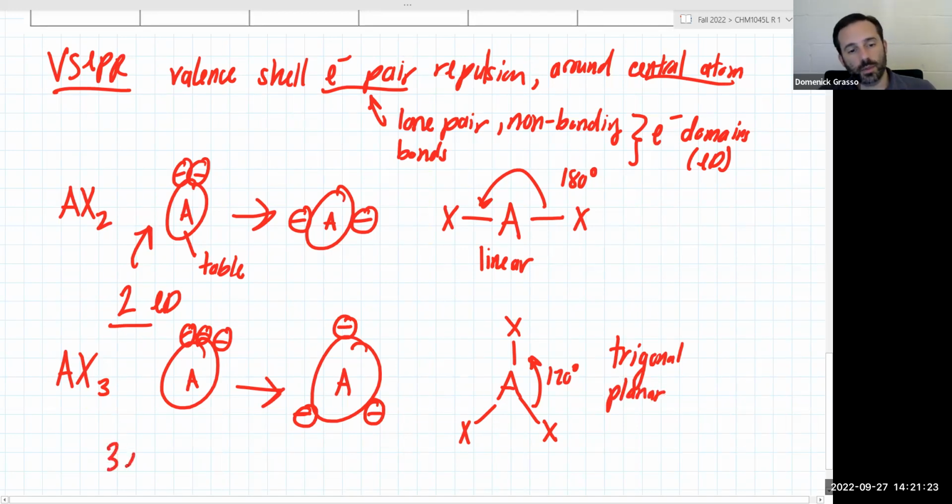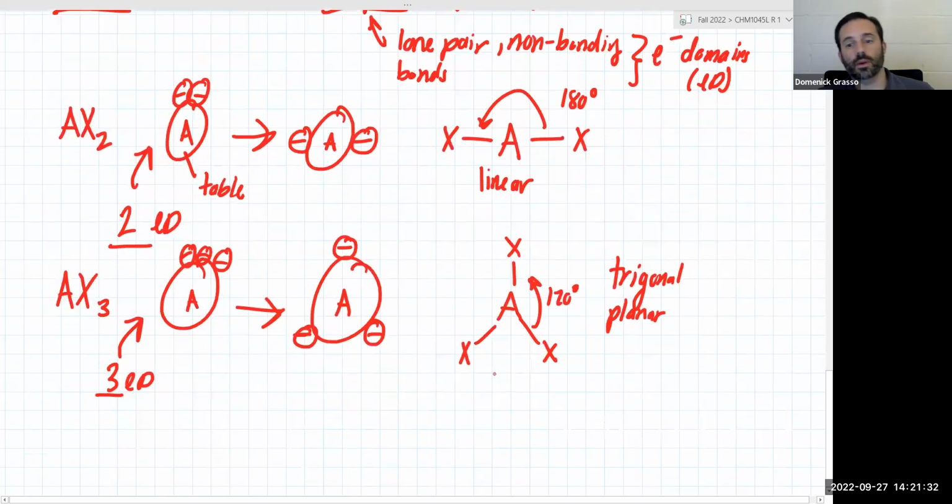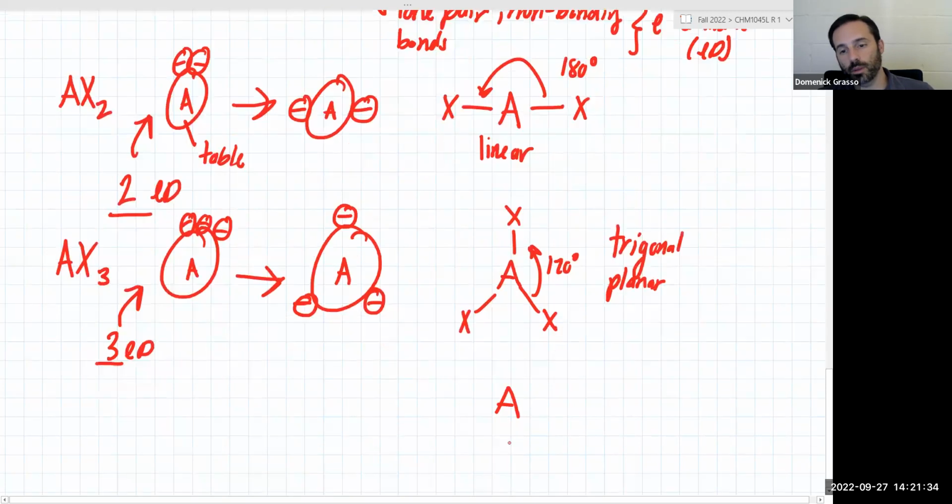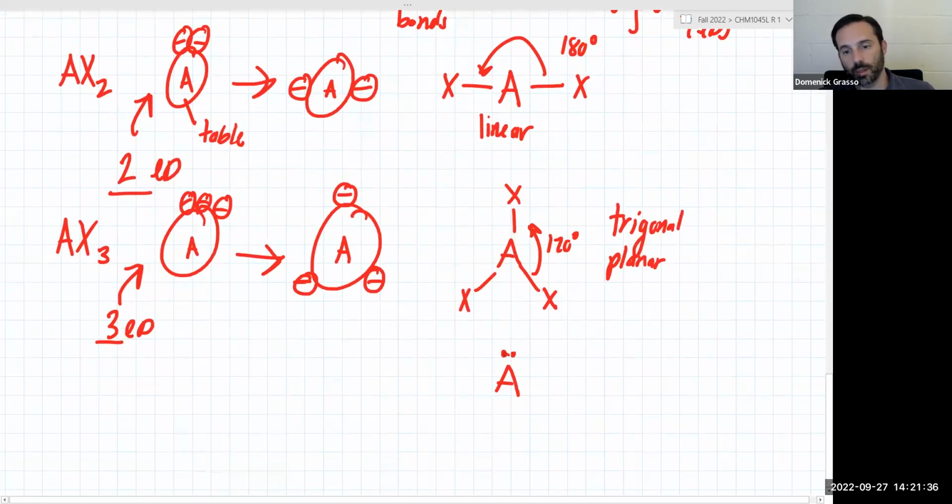If this has three electron domains, remember, those three electron domains could be anything. They could be bonds, they could be lone pair electrons. So another type of shape that we could see is if instead of bonds, we had a pair of electrons on top.